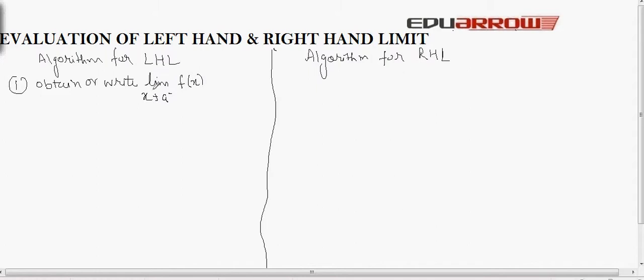Left hand limit is calculated at the negative point, and the right hand limit is calculated at the positive point. Right hand limit, limit x tends to a positive f(x).